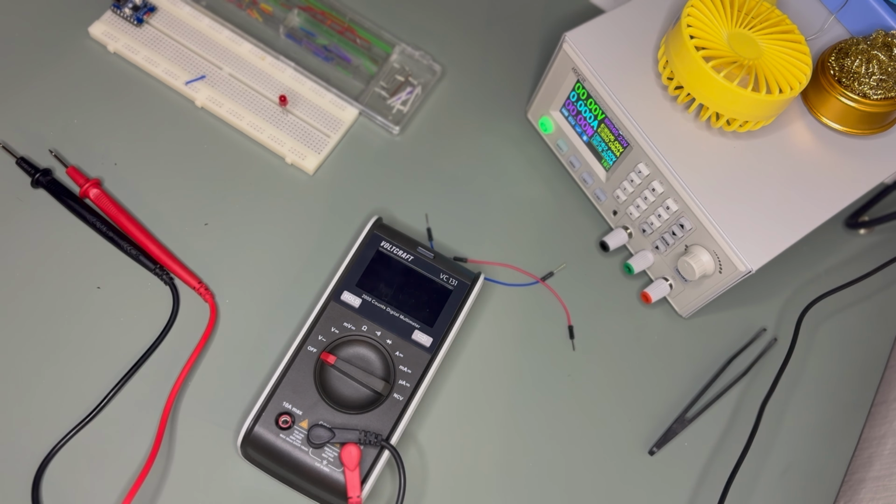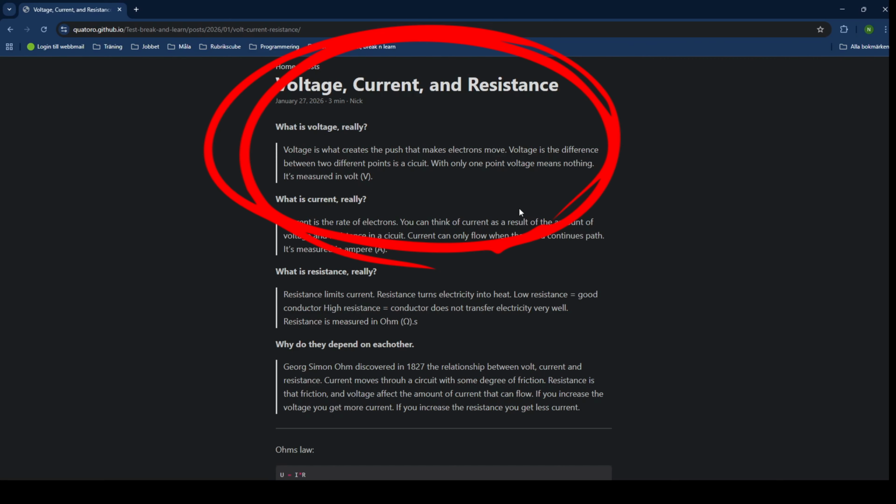So the first 4 questions were: what is voltage really? What is current really? What is resistance really? Why do they depend on each other? Voltage is what creates the push that makes electrons move. Voltage is not dependent on a continuous circuit, it can exist anyway.